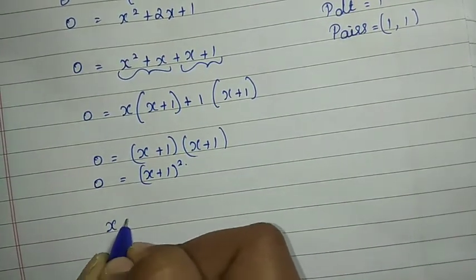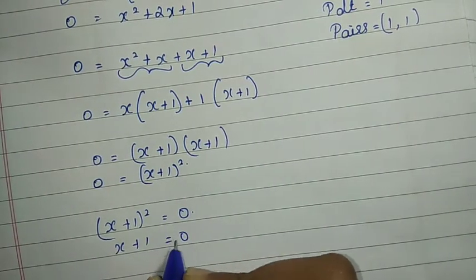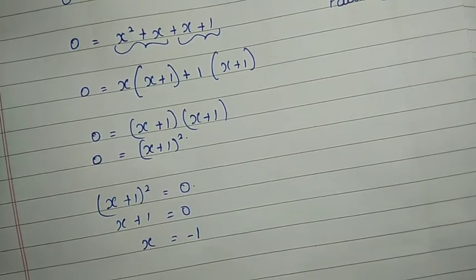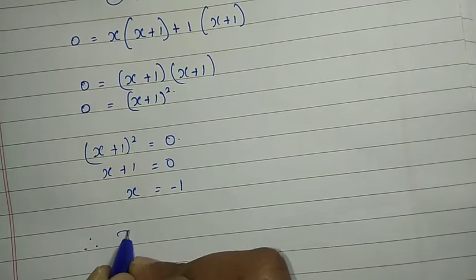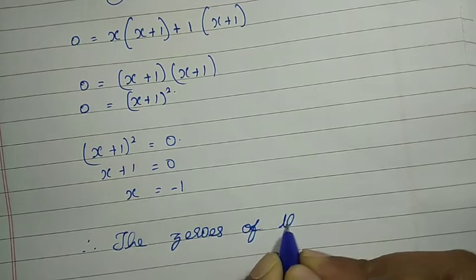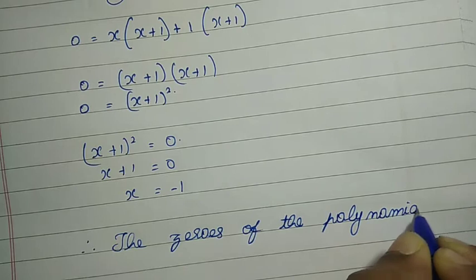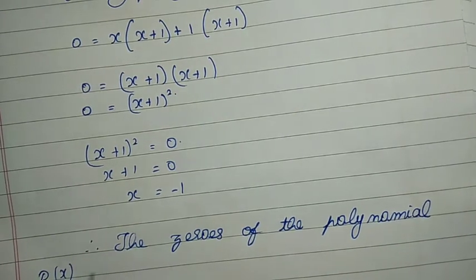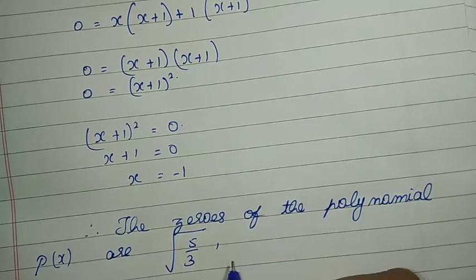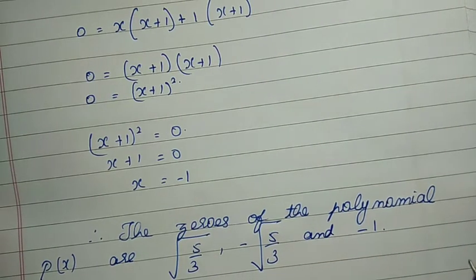So (x + 1)² = 0 means x + 1 is equal to 0, so x is equal to −1. Therefore the zeros of the polynomial p of x are √5/3, −√5/3 and −1. That's it.